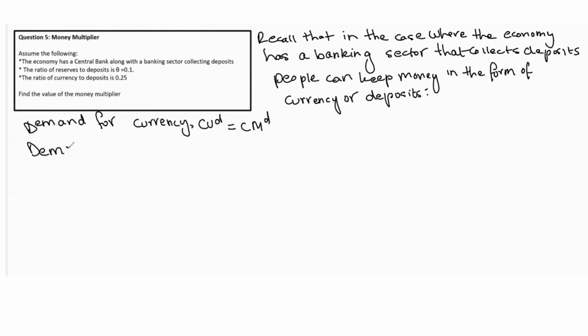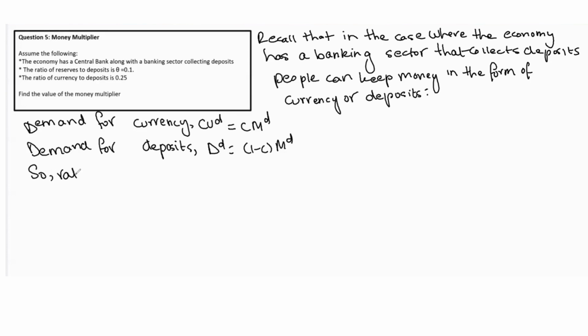Demand for deposits DD is (1 minus c) times MD, because if c is the fraction of total money demand held as currency, and you can keep money either as currency or deposits, then demand for deposits is 1 minus c times MD.